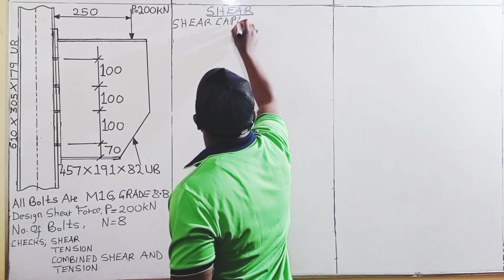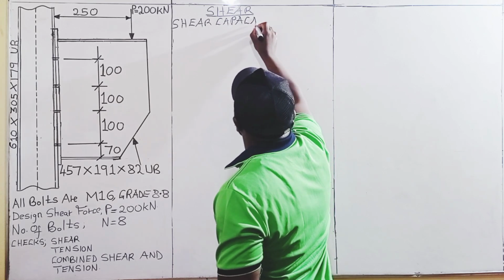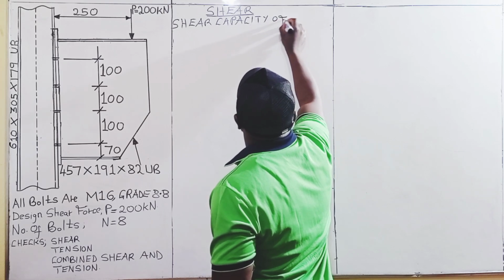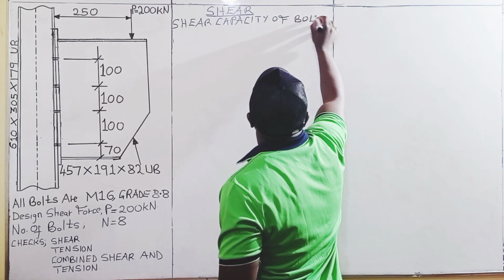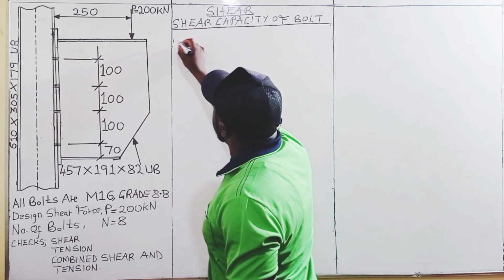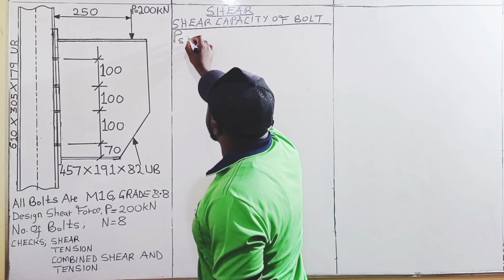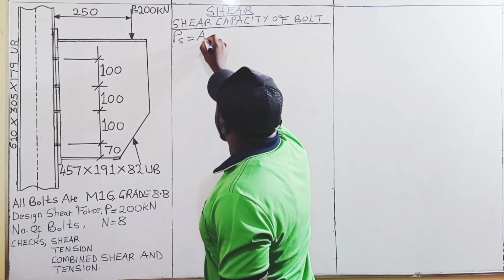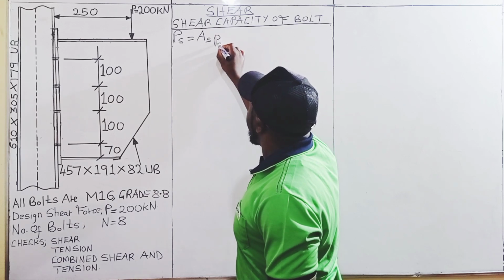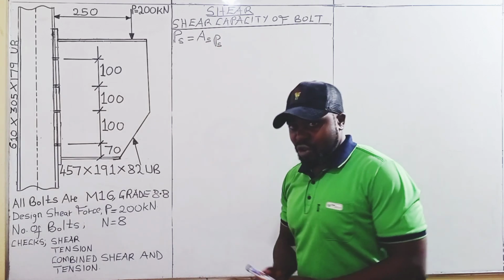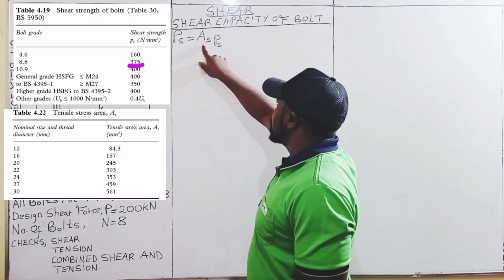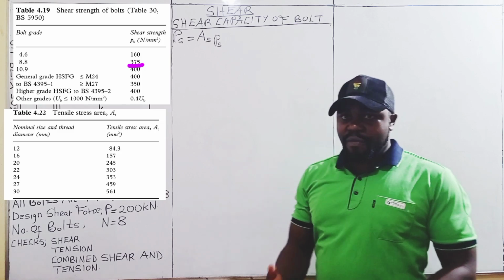The shear capacity of a bolt, which is denoted by Ps, is given by the effective area of the bolt multiplied by the shear strength of the bolt, whereby the effective area of a bolt is equal to the tensile stress area of the bolt.